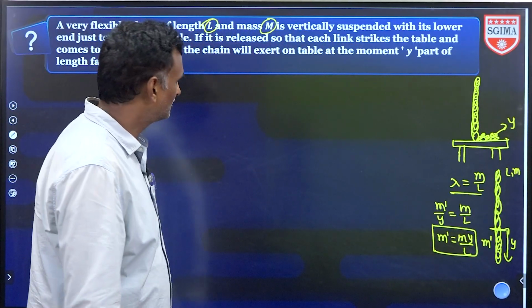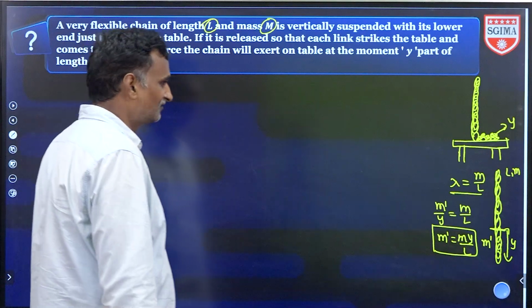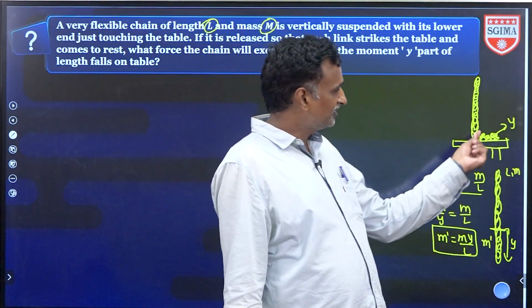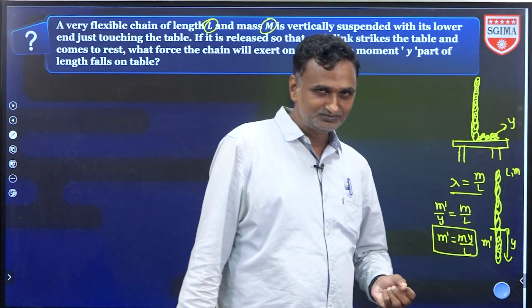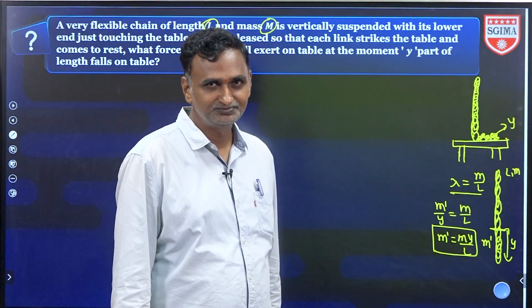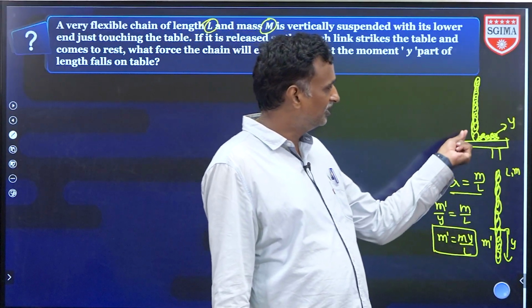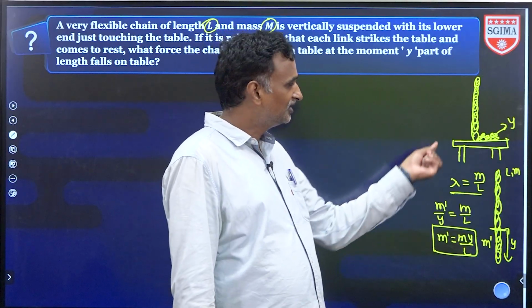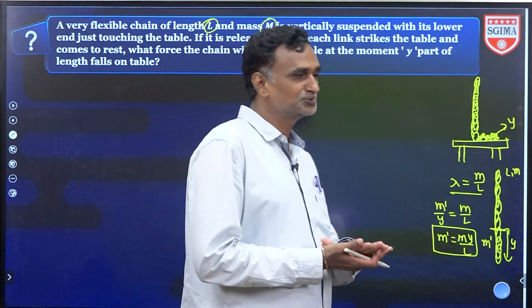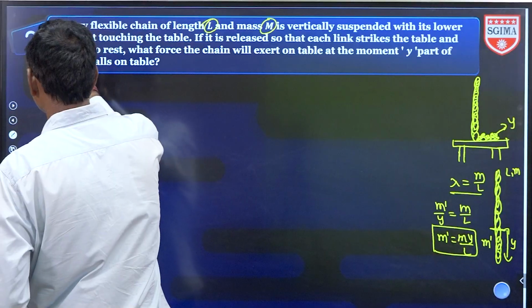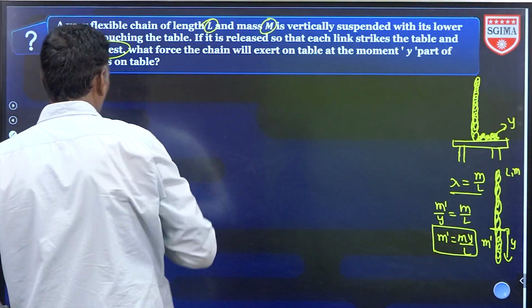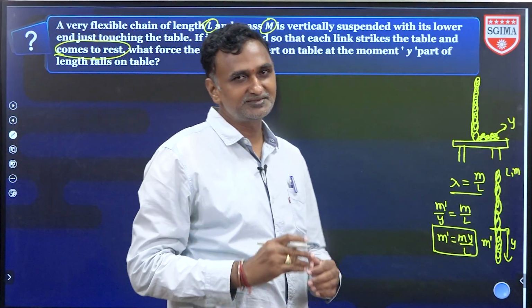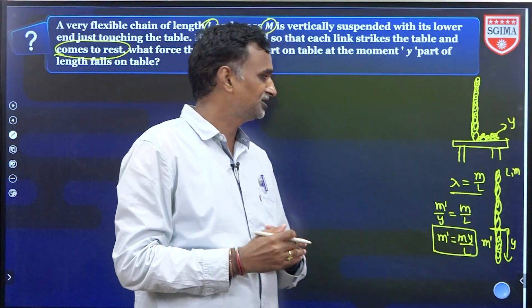Okay. So now let us see the question in detail first. Whenever each link strikes the table, it has some velocity definitely. Okay, na? So before touching the table it has some velocity. After touching the table it comes to rest, as is given in the question. Comes to rest. So velocity is changing, mass is also changing actually.